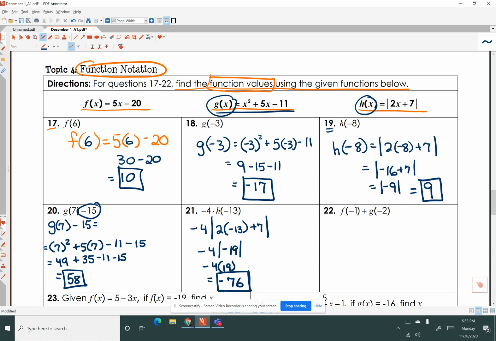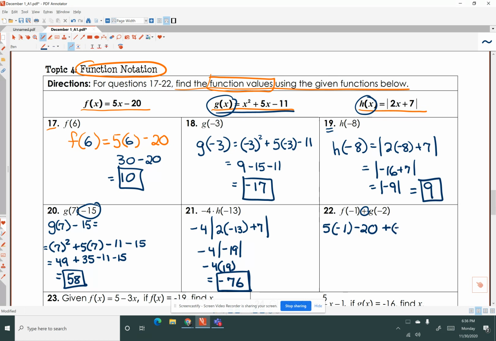And for number 22, we're asked to find f of negative 1 and then add to that g of negative 2. So f of negative 1 is 5 times negative 1 minus 20. That's our f. Then we're going to add, and here's our g, x squared plus 5x minus 11.